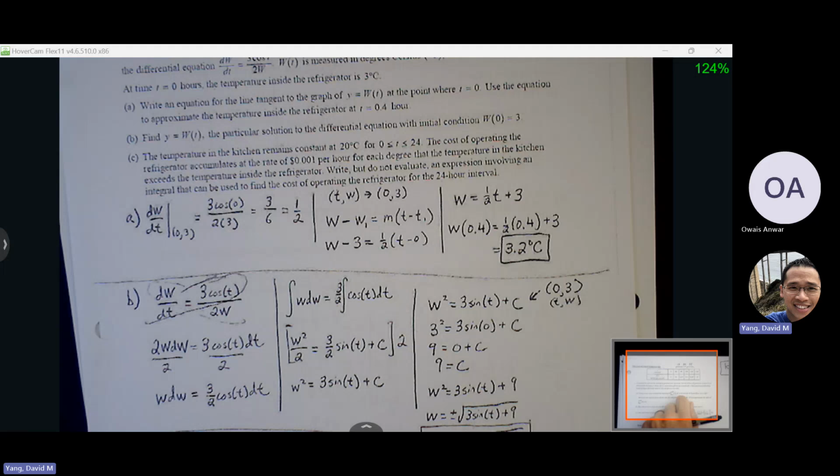W of t. Operating cost accumulates for each degree that the temperature in the kitchen exceeds the temperature inside the fridge.